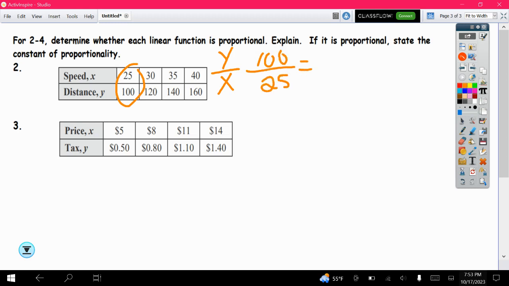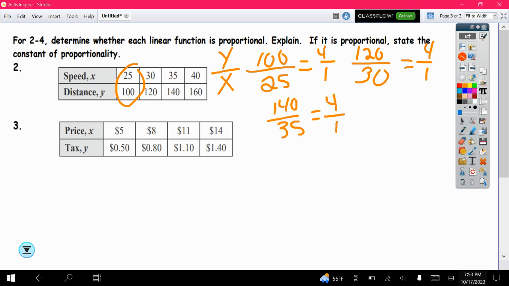And we're going to simplify that because remember, to see if it's proportional or not, we want to see if they simplify to the same ratio. So 100 over 25 simplifies to the ratio 4 over 1. Then we have 120 over 30, which simplifies to the ratio 4 over 1. And then we have 140 over 35, which simplifies to 4 over 1.